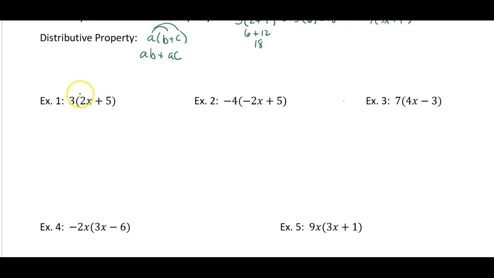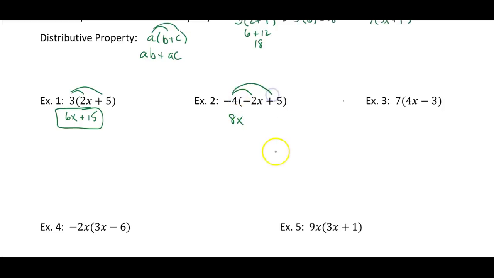The first one here, what am I distributing? I'm distributing the 3. So 3 times 2x is 6x, and then 3 times 5 is positive, so we add it, and 3 times 5 is 15, and you stop here. Now remember, if you multiply the 2 terms together and you get a positive, you add it. If you multiply and get a negative, you subtract it. So negative 4 times negative 2x, since that's positive 8, we're going to get positive 8x.